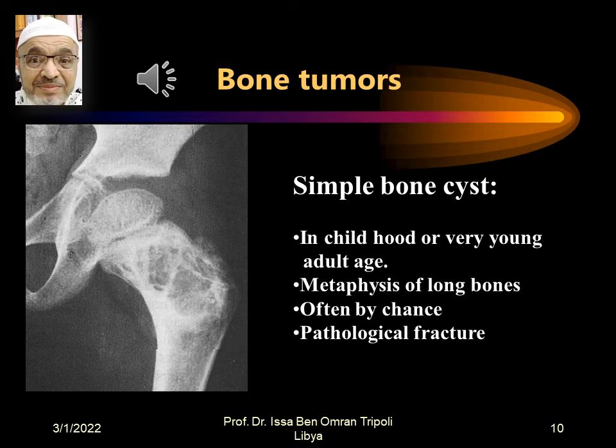So we see this in the X-ray without any symptoms, or sometimes after pathological fracture. It means the simple bone cyst was happening long time before the pathological fracture was happening.